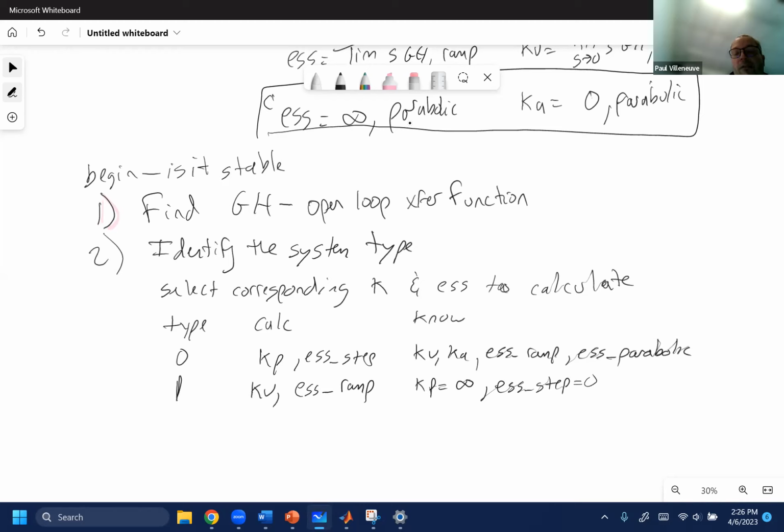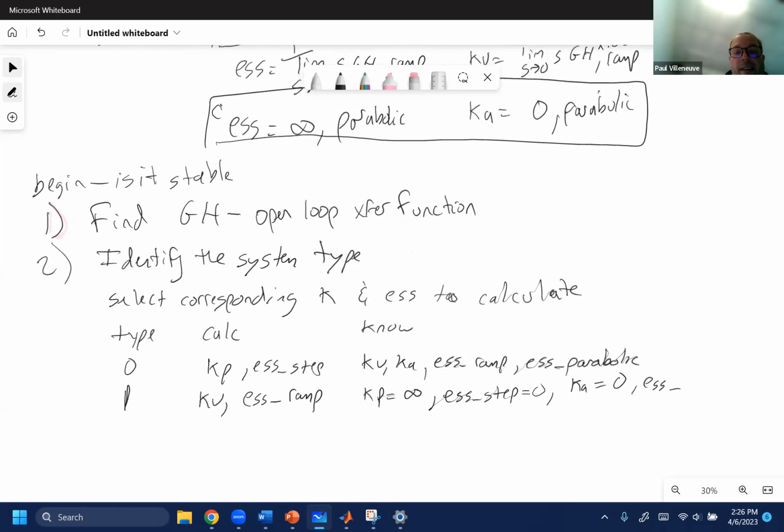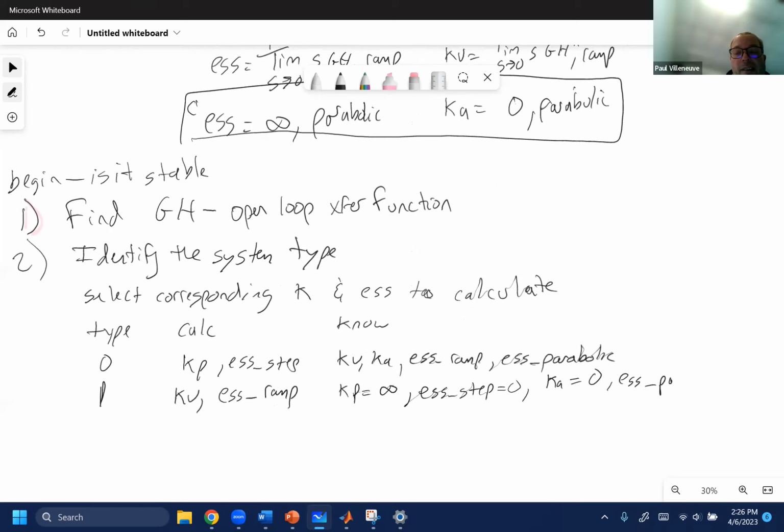So I have those two. And then my K sub A is going to be equal to 0, and my ESS for a parabolic is going to be equal to infinity.